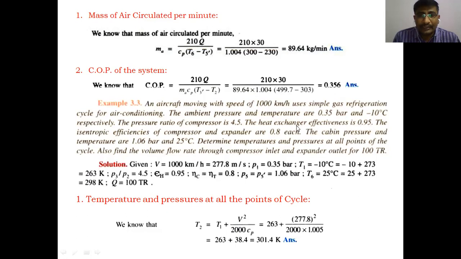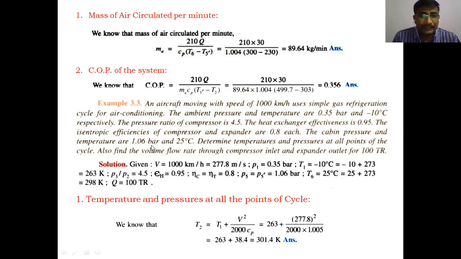This effectiveness is defined as the ratio of actual temperature drop in the heat exchanger to the maximum possible temperature drop, that is, the maximum possible heat exchange between two fluids to reduce the temperature. The isentropic efficiencies of compressor and expander are 0.8 each. These are the efficiencies of the main compressor and cooling turbine.